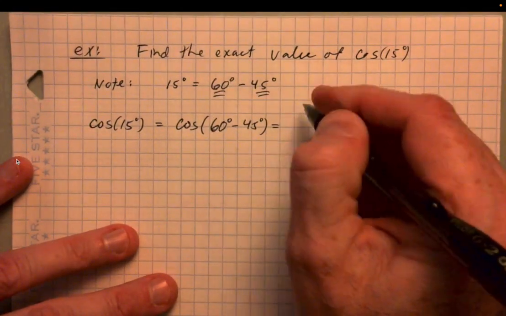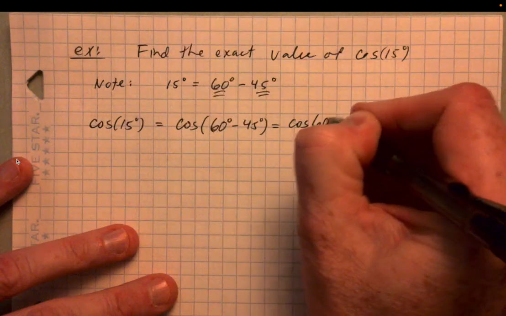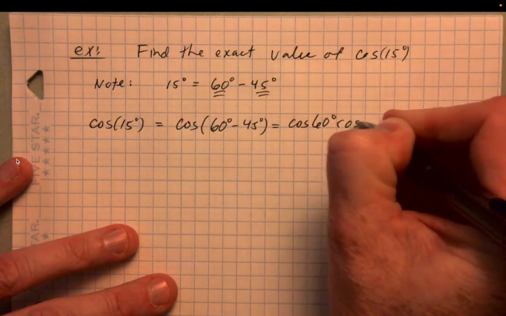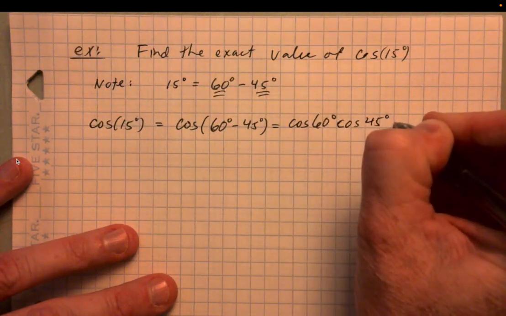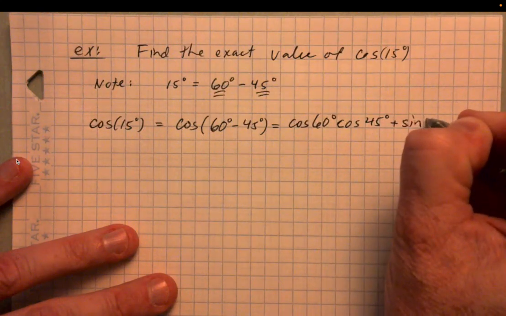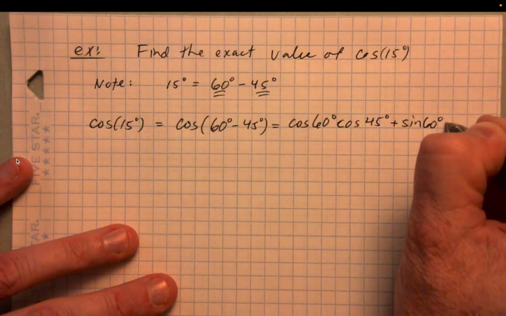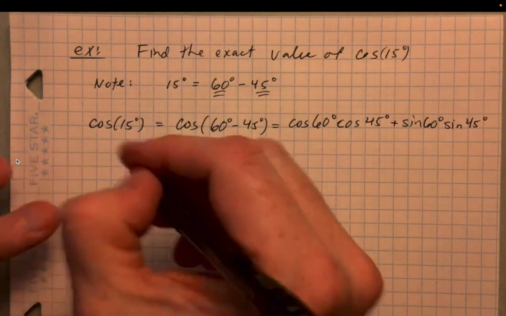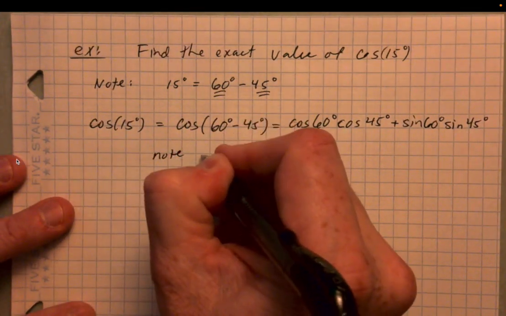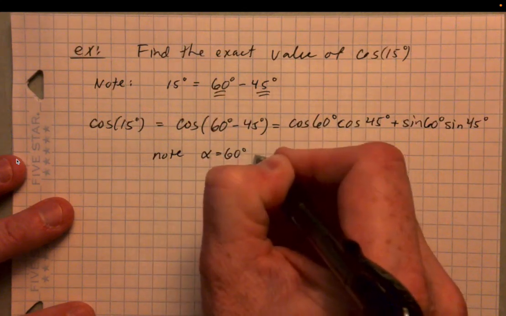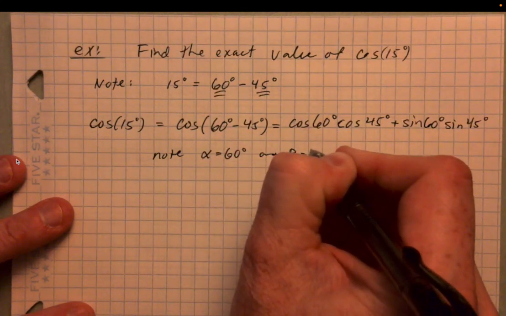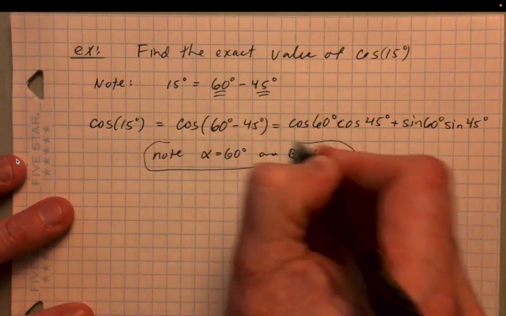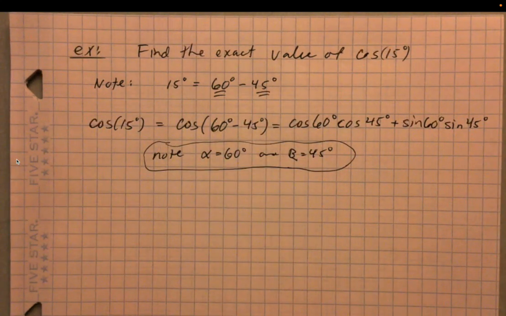So in this case, it's equal to cosine of 60 degrees times cosine of 45 degrees plus sine of 60 degrees times the sine of 45 degrees. Right, so note here, alpha we're saying is 60 degrees and beta is 45 degrees. So kind of note that. That's where this is all coming from. Hopefully that's clear, but if it isn't, make sure you think that through.